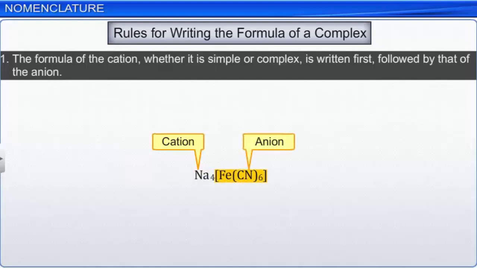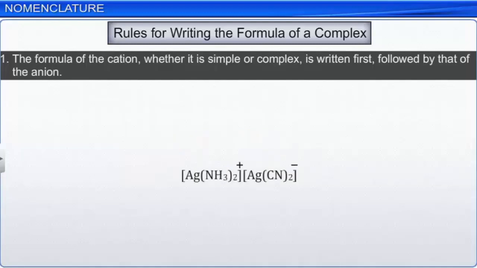Similarly, in the complex containing a complex cation and a complex anion shown here, the complex cation [Ag(NH3)2]+ is written first, followed by the complex anion [Ag(CN)2]-.